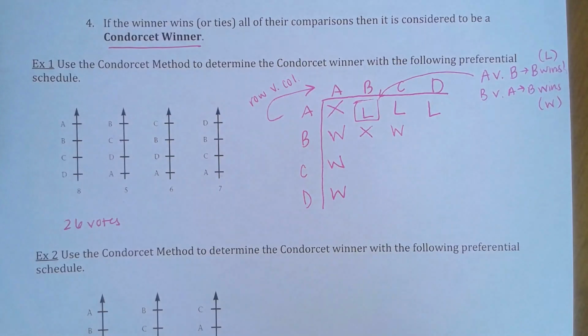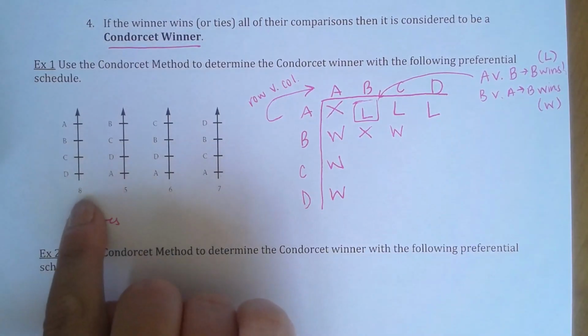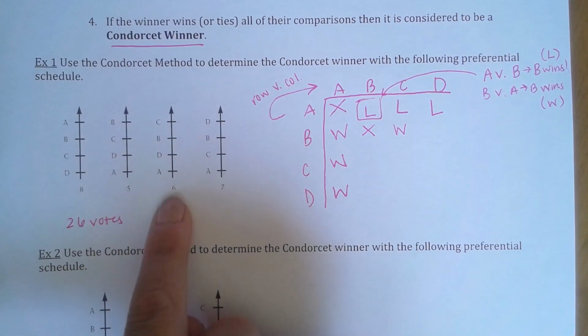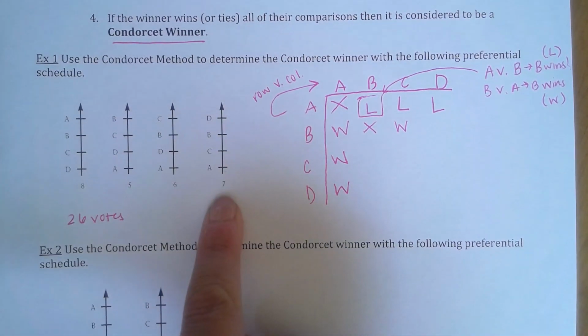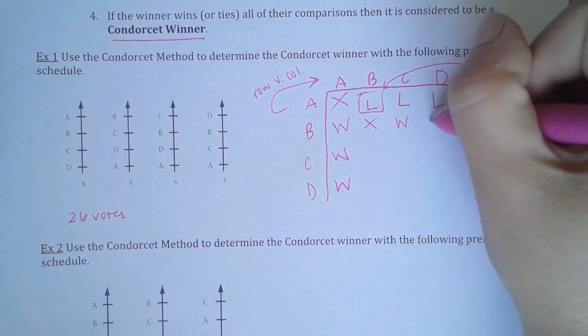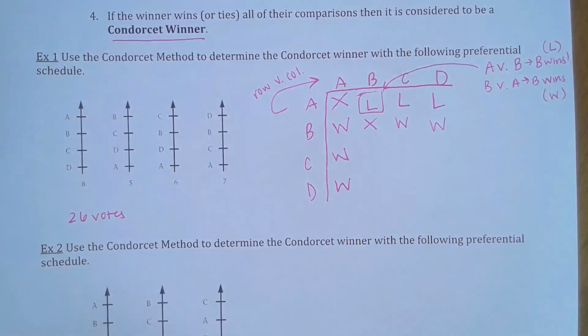We keep going, B versus D. B is above D 8, B is above D 5, B is above D 6, and D is above B 7 times. So all 3 of these versus 7, which means that B is again a winner. Now, you can kind of glance and do these, but make sure that you are actually counting and making sure that the person you're saying is a winner actually is a majority winner.